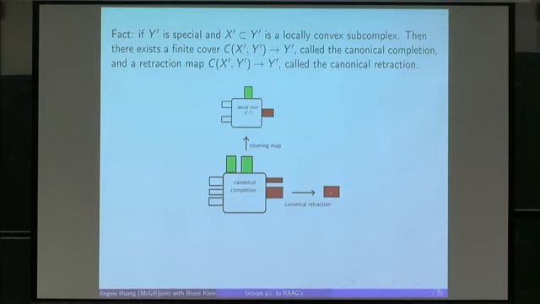So this is only true up to passing to a finite sheet covering, but this is still good enough for our purpose. This finite covering has a name, it's called the canonical completion, and this retraction also has a name, called the canonical retraction. So basically we have this retraction map.